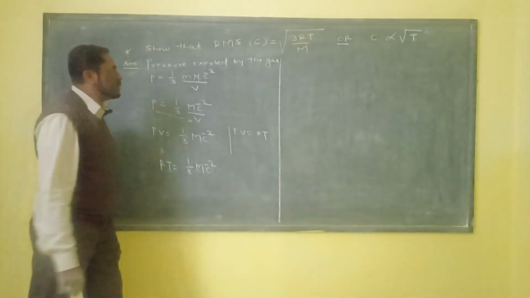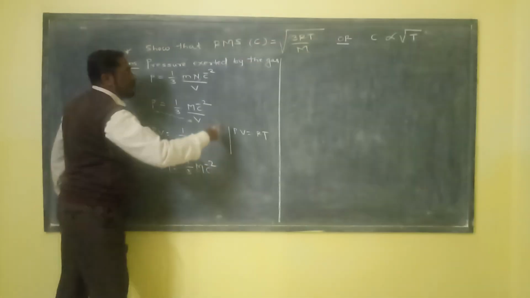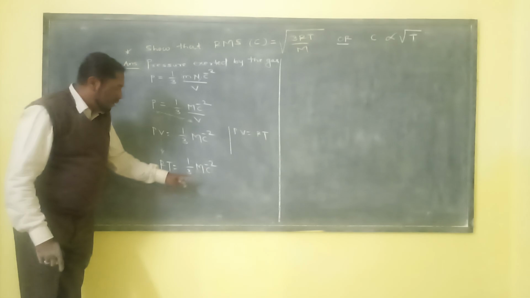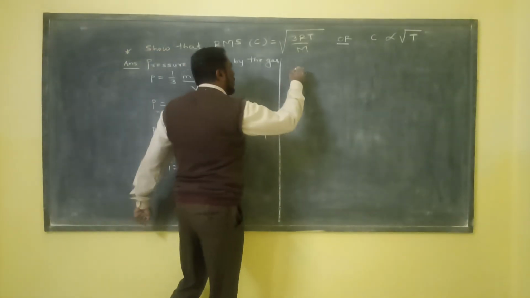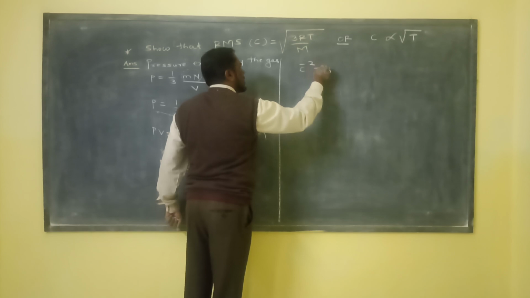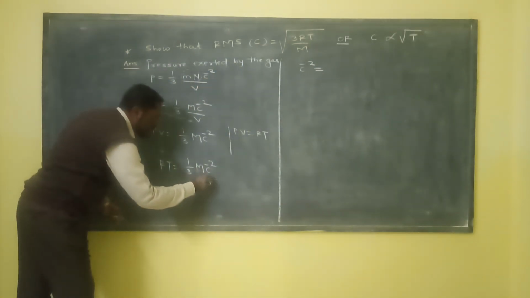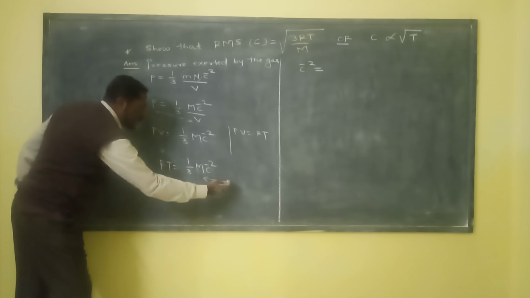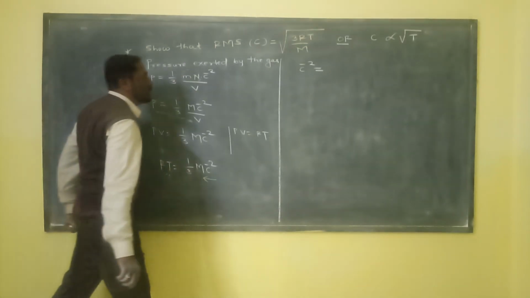Again see in the question, RT we have got, we have capital M. Now C is there and we have C square. So take it in the form of C square. So we can write bar C square is equal to, coming from this side, this 3 multiplied to this RT.